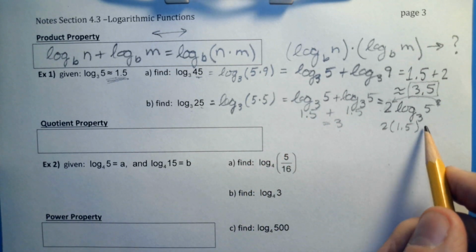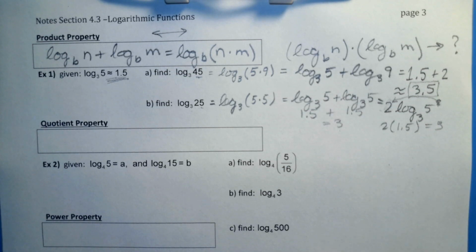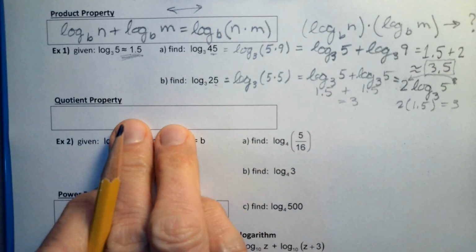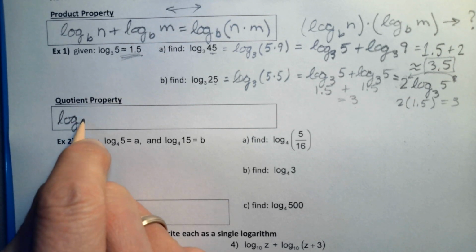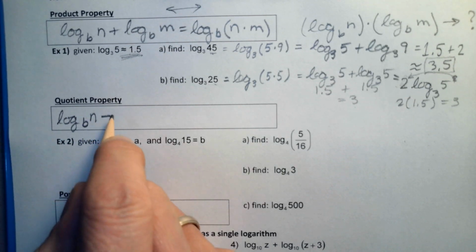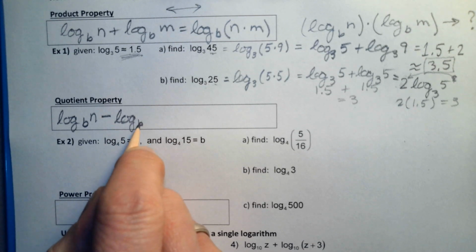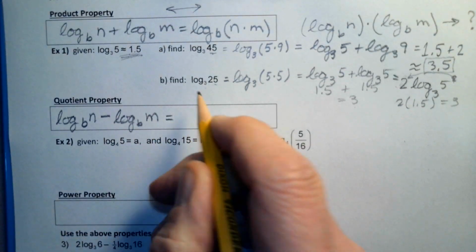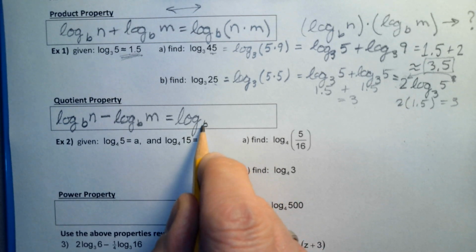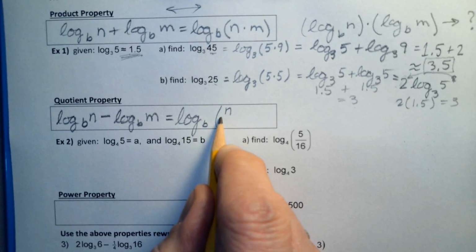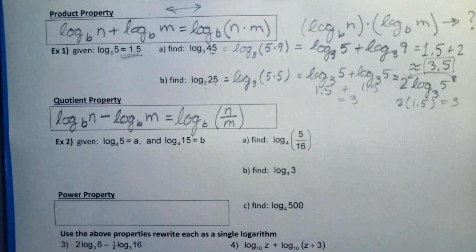And again, that's a pretty bad estimate, but it's 3. Okay. The next one, quotient rule. This is log base b of n minus log base b of m, and that's equal to the log of the quotient, log base b of n over m. Okay, and that's the quotient rule.